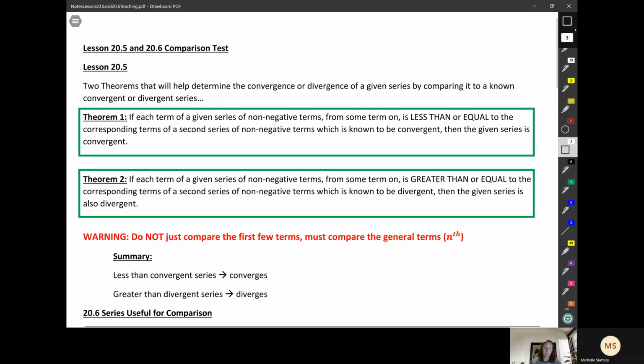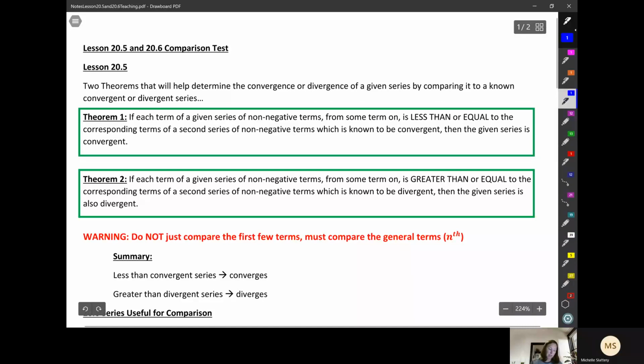So theorem number 1 states that if each term of a given series of non-negative terms from some term on, so maybe it might not work for the first couple terms, but it needs to work from some term on, is less than or equal to the corresponding terms of a second series of non-negative terms for which we know is convergent.